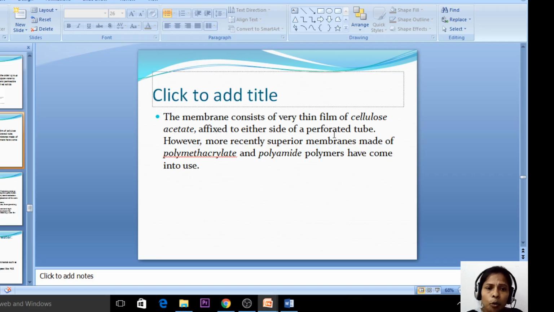However, more recently superior membranes made of polymethacrylate and polyamide polymers have come into use. So nowadays we are using polymethacrylate or polyamide semi-permeable membranes because these are more effective than the semi-permeable membrane prepared using cellulose acetate.